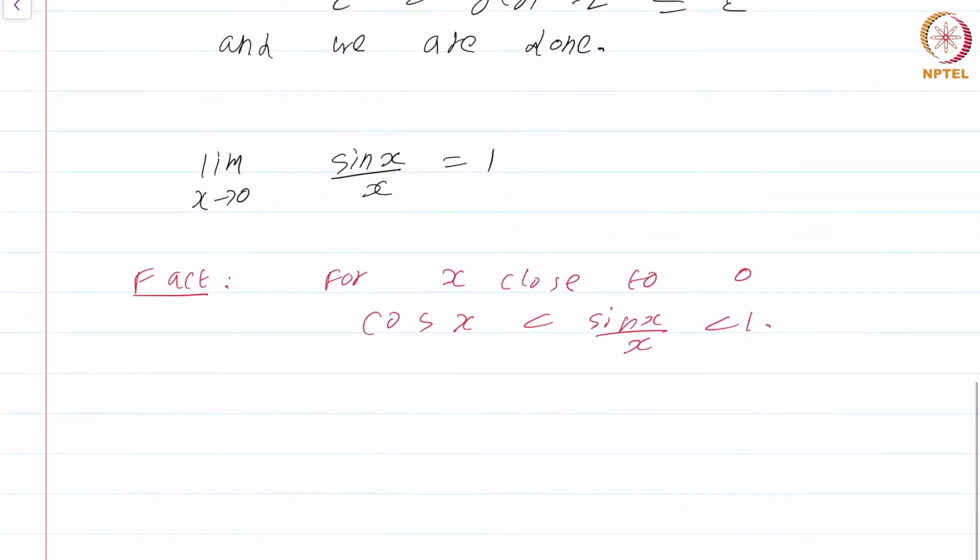This will be proved at a later point when I define the trigonometric functions precisely. Now because of this, notice that the right hand side is a constant function. This converges to 1 as x goes to 0. And cos x is a continuous function, that's another fact that you know, and cos 0 is 1. Therefore, by the squeeze theorem, we are done.